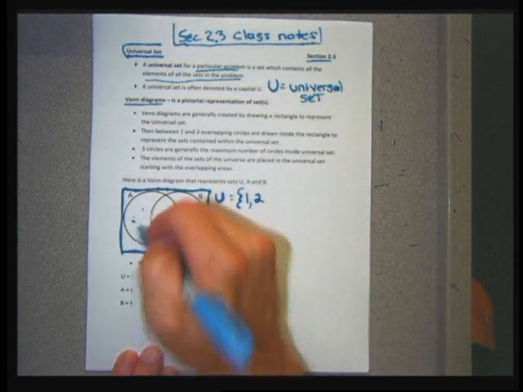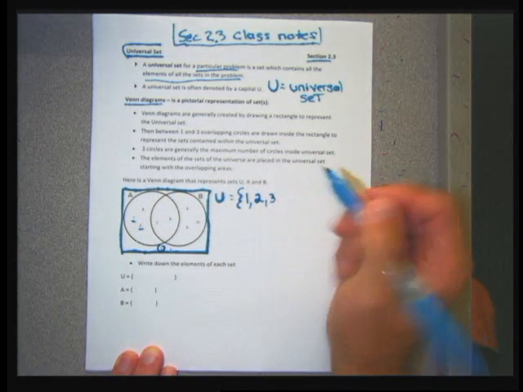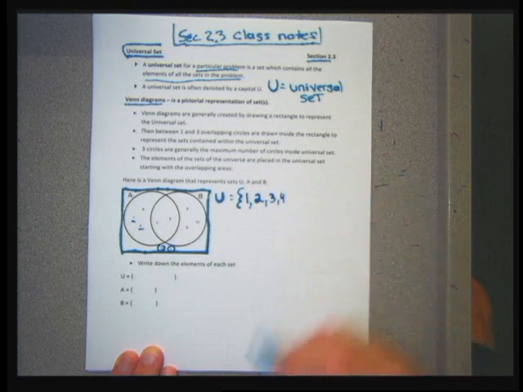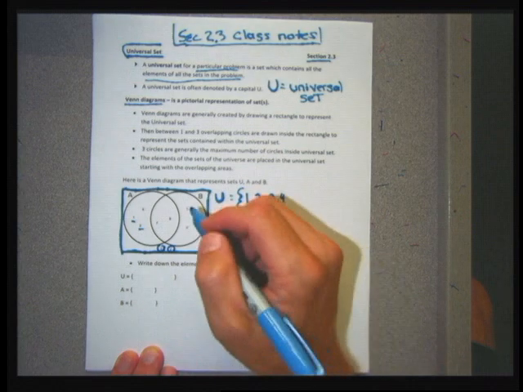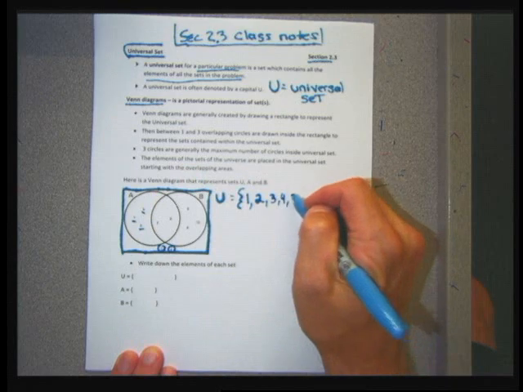And if I quickly look through this rectangle, I think I will see every number between 1 and 10. I won't see a number less than 1 or bigger than 10. And for this particular set, the universal set is the numbers 1 through 10.